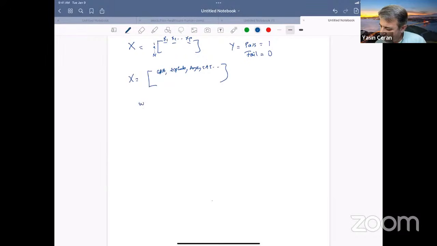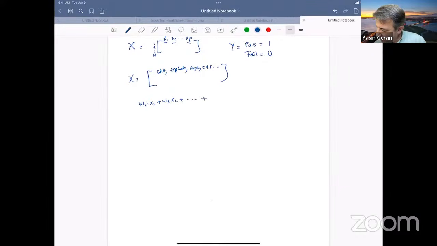So let's say W1 times X1. W1 is how much weight we are attributing to attribute X1. And then W2 is the weight for X2, so whether GPA is more important than SAT, or GPA is more important than zip code. That is what W1 and W2 are used for. W1, W2 are weights which I'm using to incorporate the effect of these attributes into my decision making.